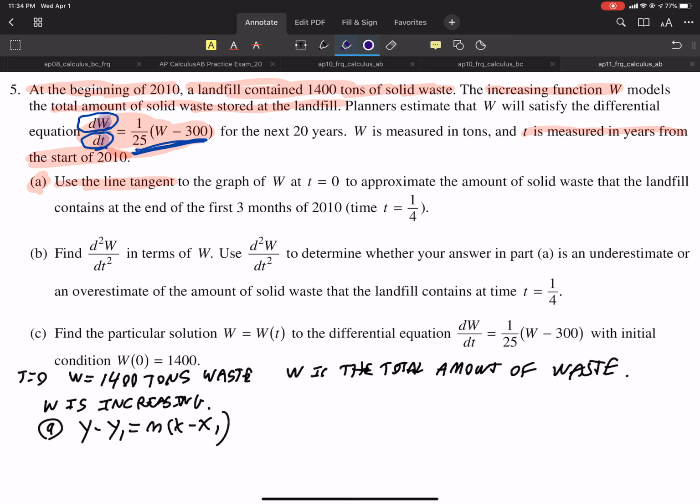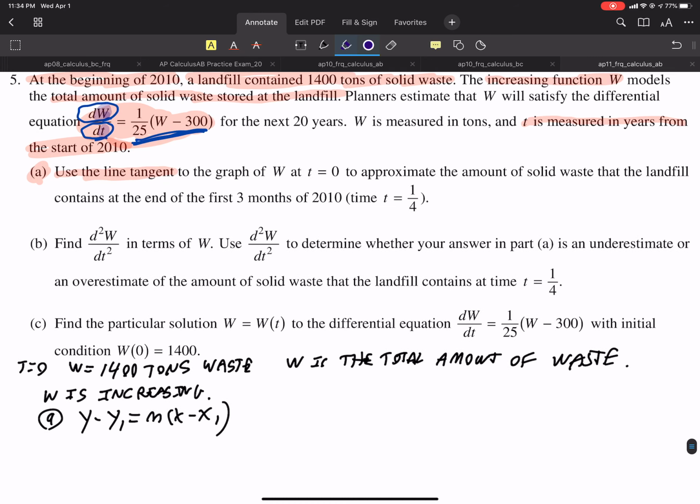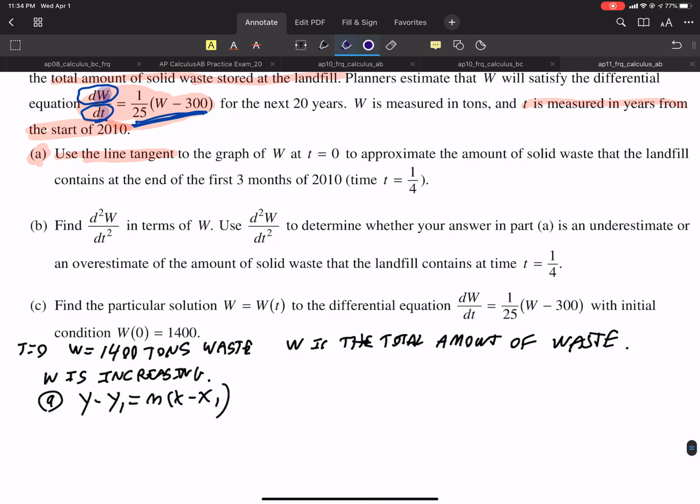So in this case, our function would actually be a little bit different. Let me show you. In essence, this is W minus W1, and this is T minus T1. So that's how you think about it.